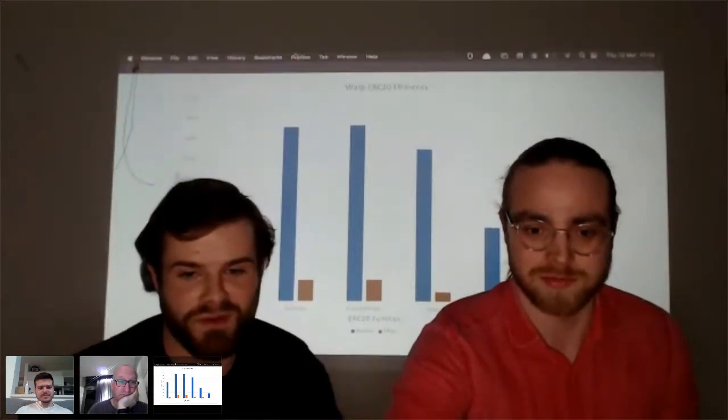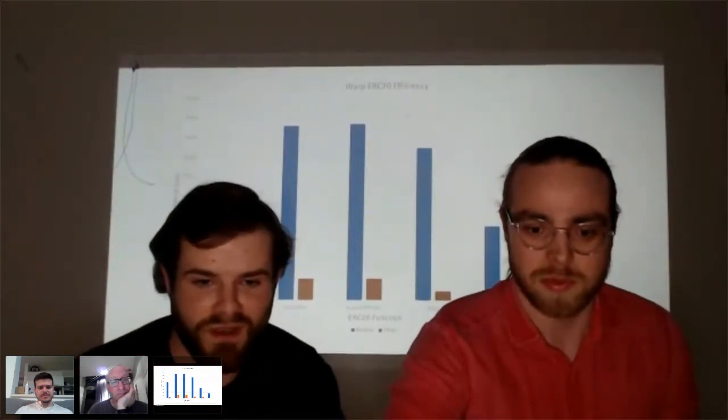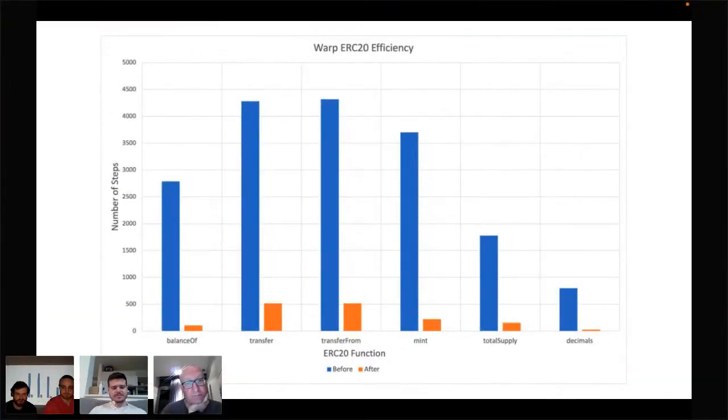So this is Warp 2.0 versus 1.0. As you can see, this is the Yul version of Warp, and it's pretty much not even on the graph. The blue lines are the number of steps in Cairo. This is generally how we think about efficiency in Cairo, through step count.